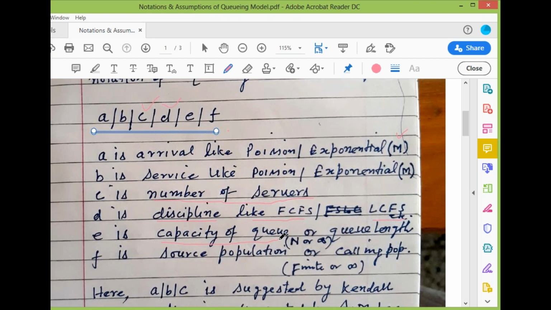For example, if 5 customers, then the capacity of the queue will be 5; if 10 customers, then the capacity will be 10.